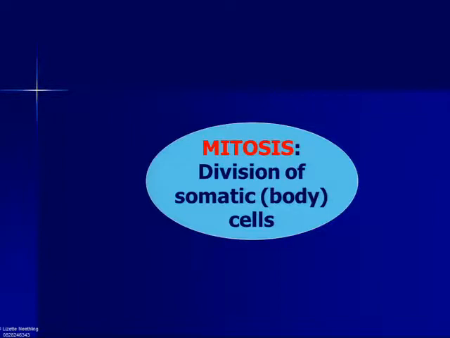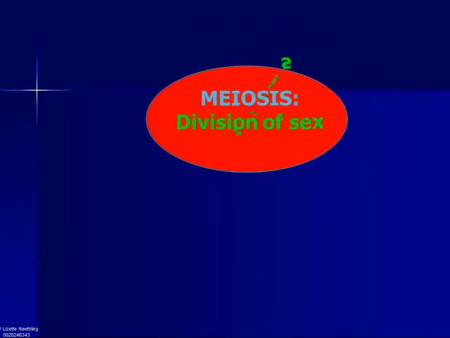Mitosis is not about the sex cells, it's only about the body cells, how the body will get more cells so that it can grow bigger. Now, the other process is meiosis, which we are actually going to discuss. That is the new work, division of sex cells, how gametes are formed.